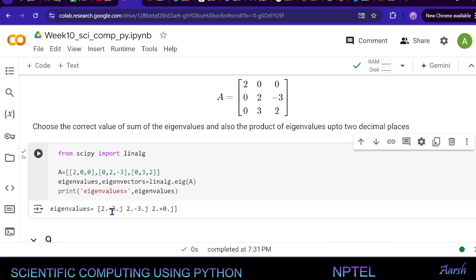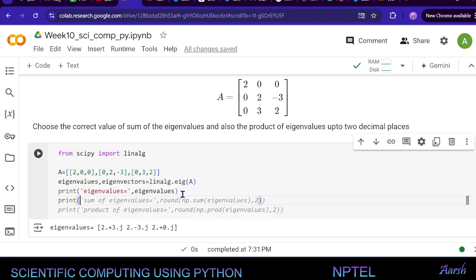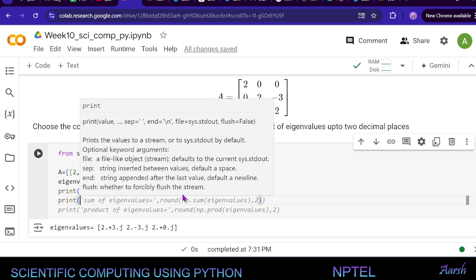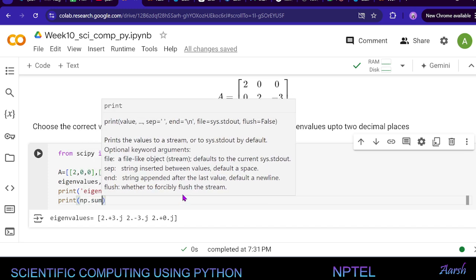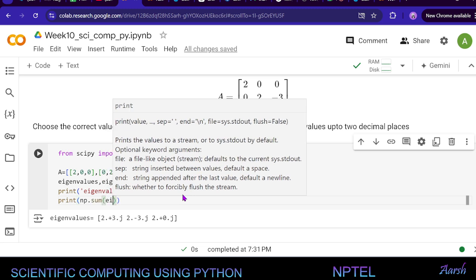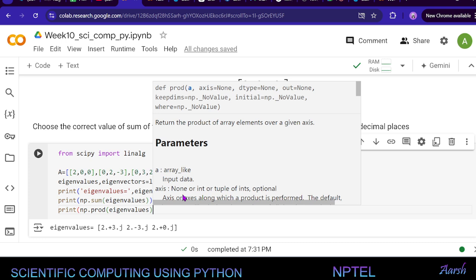So now we have 3 eigenvalues, right? 2 plus 3j. j is just i, the imaginary number. So 2 plus 3i, 2 minus 3i, and 2. What is asked is the sum of the eigenvalues. So we can print np dot sum of eigenvalues and the product.